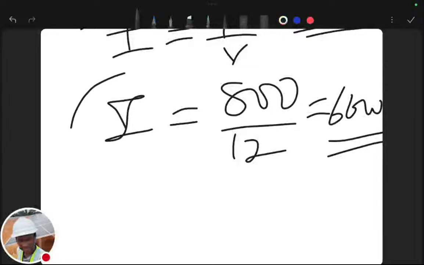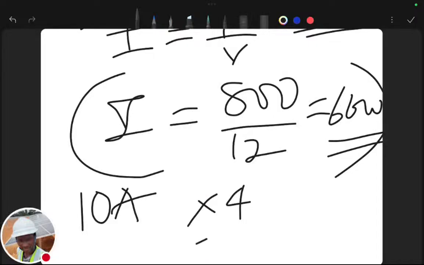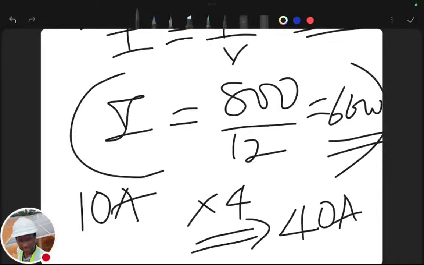This is the mathematical way to do it, but this is not how we do it in the field. From what we have known from experience about panels, we know that the maximum our 200 watts panel are going to be able to give us is 10 amps. Now, if you multiply that 10 amps by 4, the maximum you probably get is 40 amps.